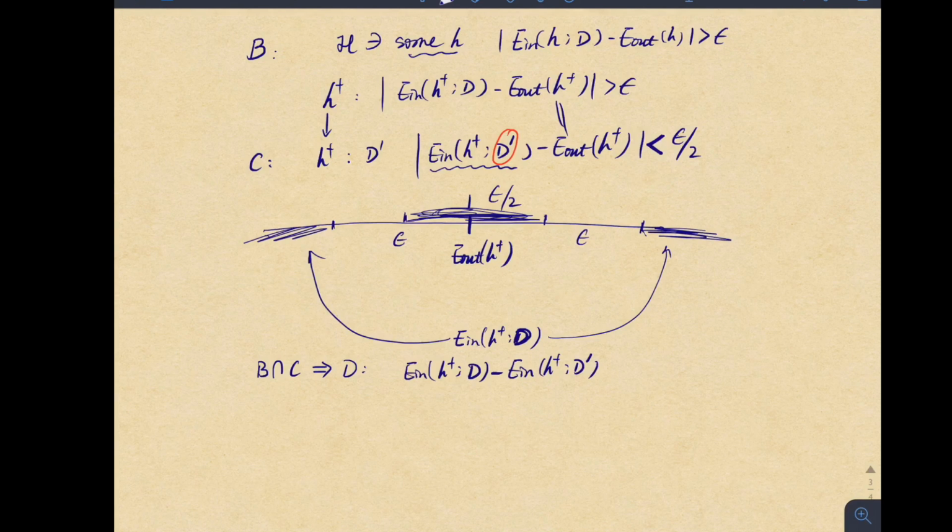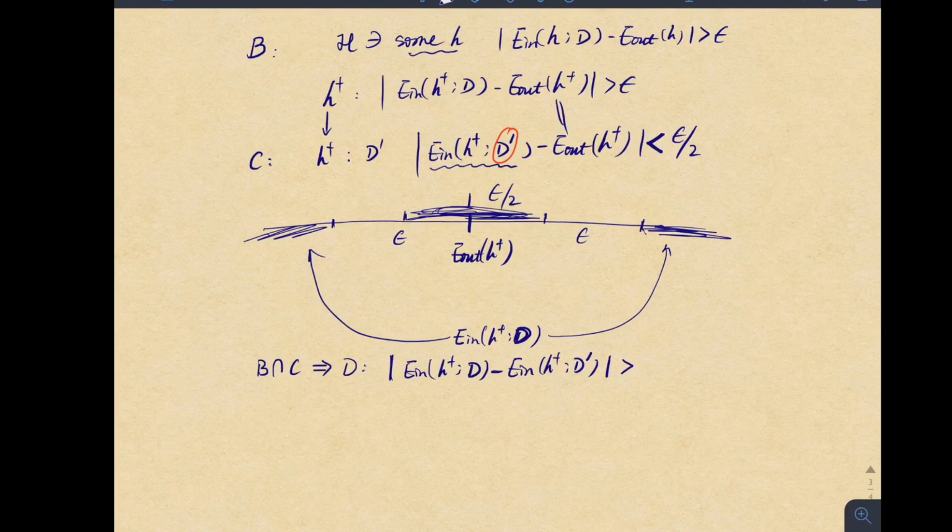The difference between these two in-sample errors exceeds half of epsilon. We say C means this in-sample error is in this area, and B means this in-sample error is in this area. Whatever the distribution of these in-sample errors, they are separated by at least half of epsilon.